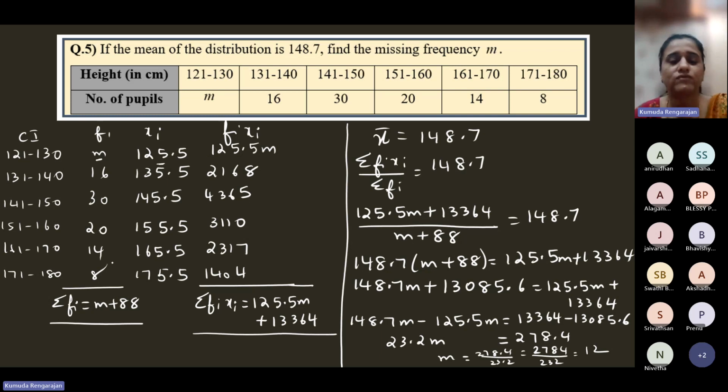It's 125.5 m. There it is multiplication. Then when you add, don't add this one. Write that as it is, 125.5 m. Add the numbers, and they total to 13,364. Here also, you should write this m as it is. Add the remaining numbers.